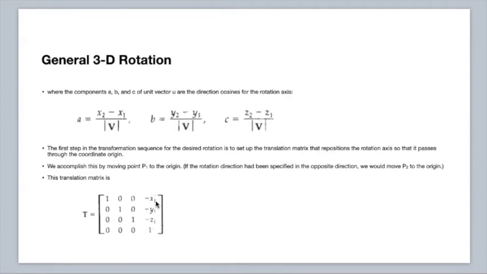So 1 0 0 minus x1, 0 1 0 minus y1, 0 0 1 minus z1, 0 0 0 1. That is our translation matrix to move the rotation axis so that it passes through the coordinate origin.